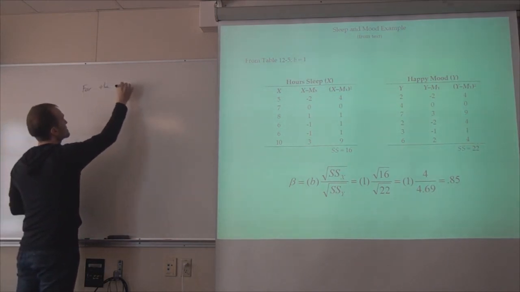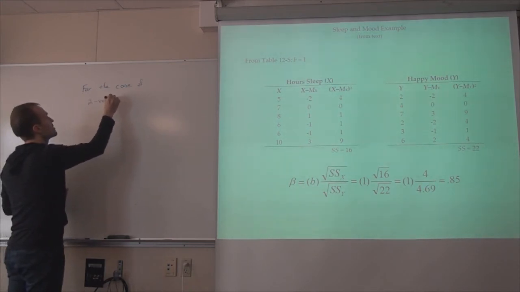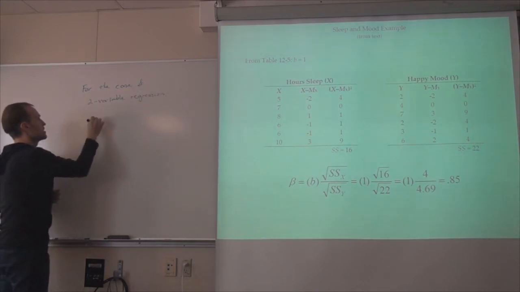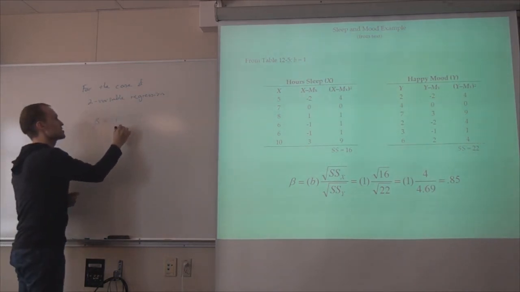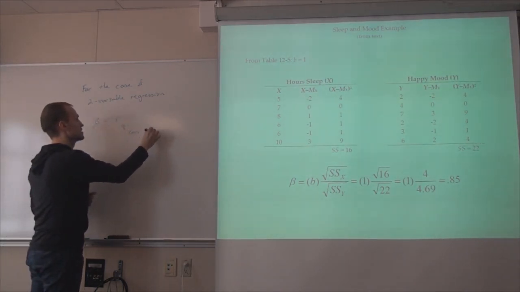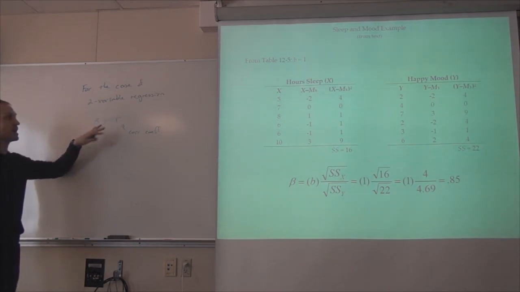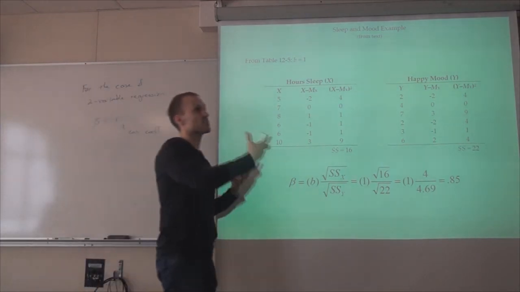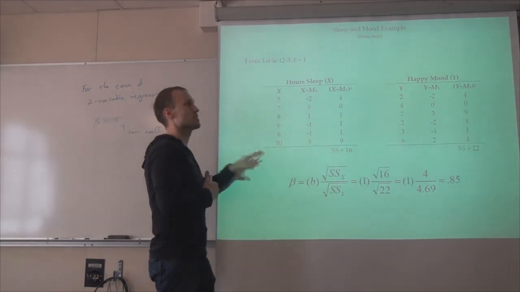For the case of, let's call it two-variable regression, like we're doing, the standardized regression coefficient is the same as the correlation coefficient that we've seen in chapter 11. So the interpretation is the same as well. By squaring this, I have a percentage of how much of the change in the y variable is due to the x variable.